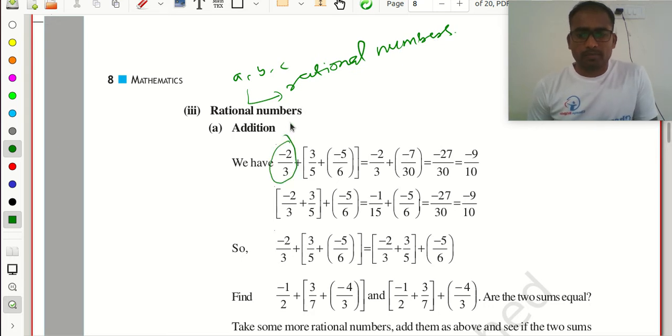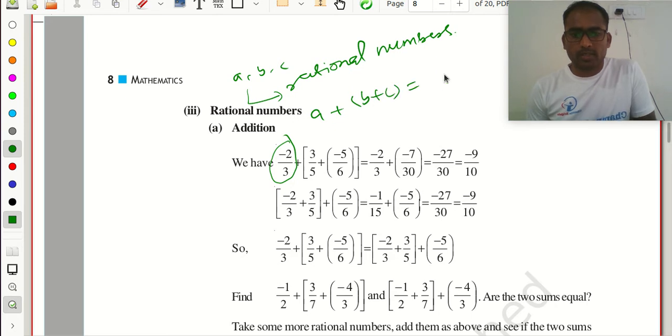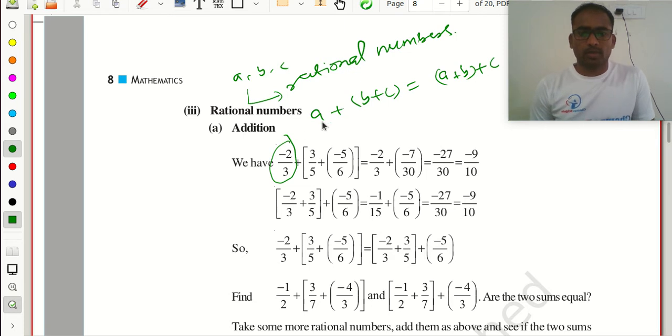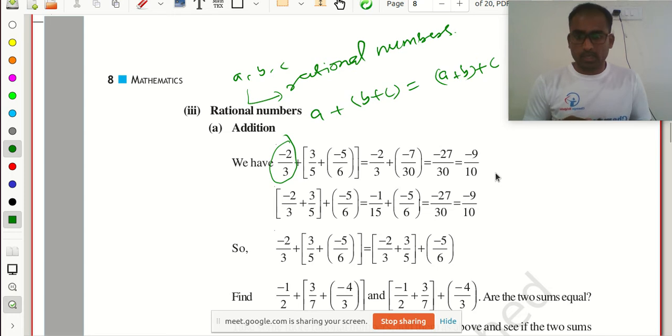If this is satisfied, so A plus of (B plus C) is equal to (A plus B) plus C. So here, see, now we are discussing rational numbers.